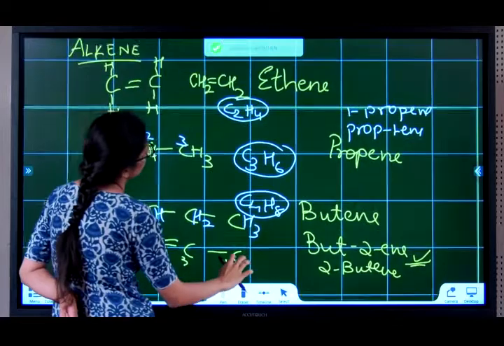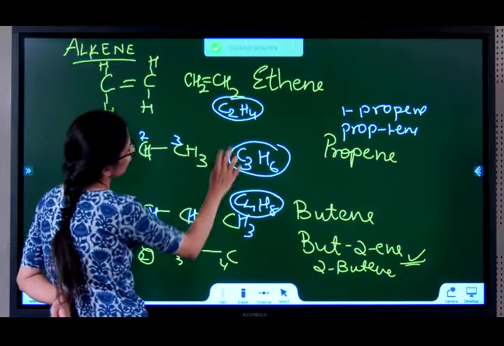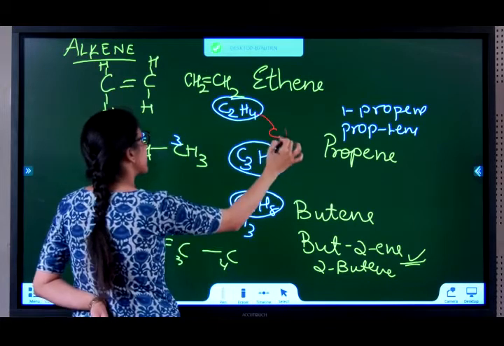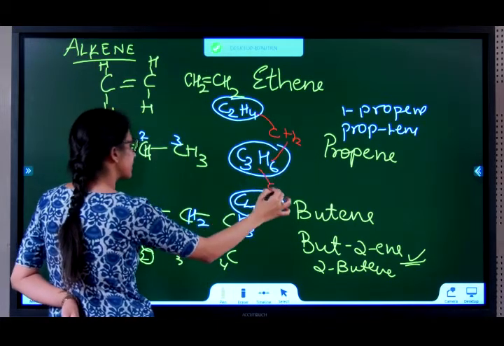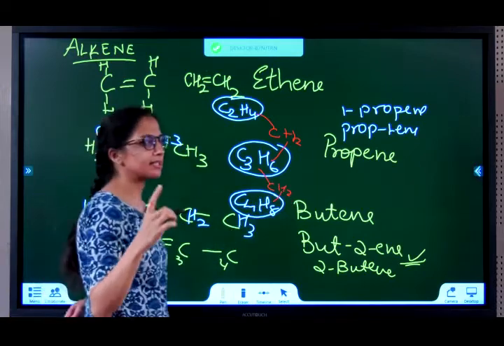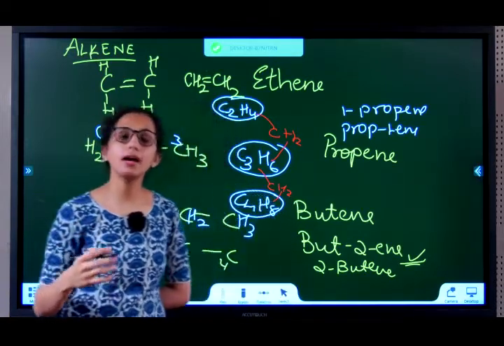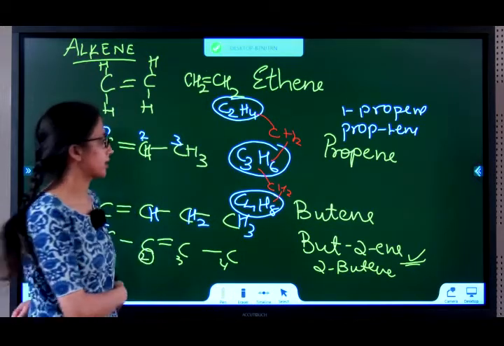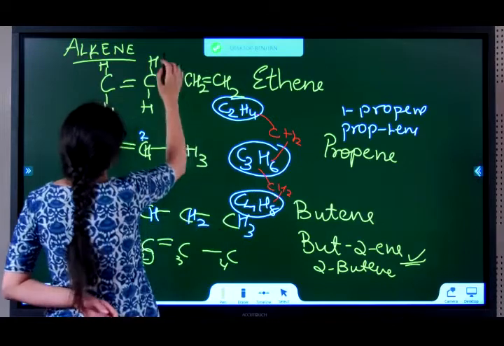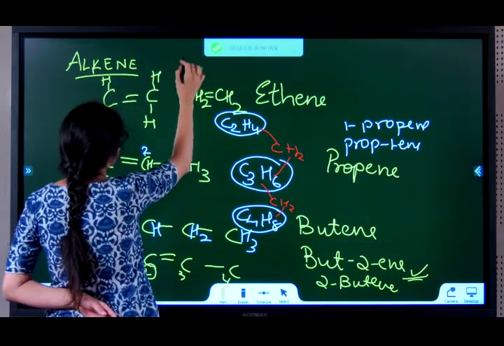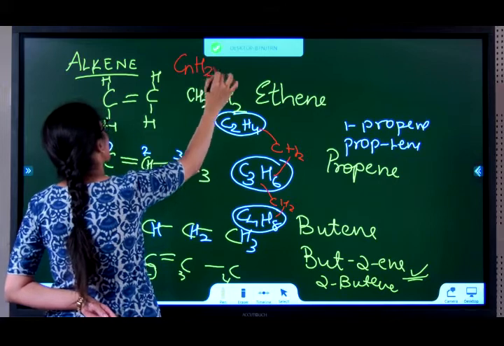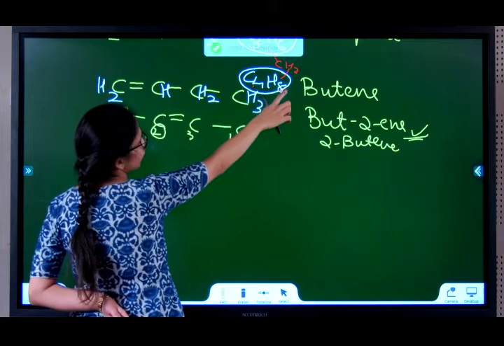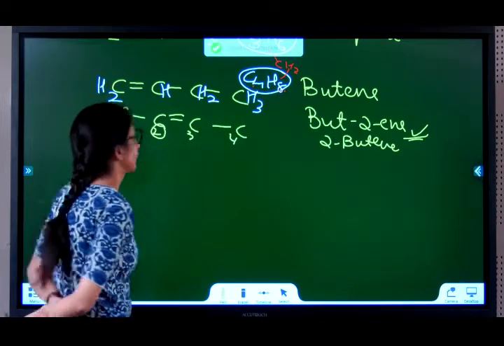If you observe, from C2H4, if I want to jump to C3H6, I am adding a C and a H2. In homologous series, every successive member differs by a CH2 group or 14 atomic mass units. So, see, valid. The general formula of alkene, CnH2n. See, C4H8, 2 into 4, 8, valid.